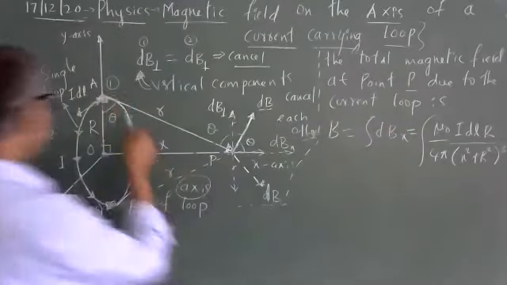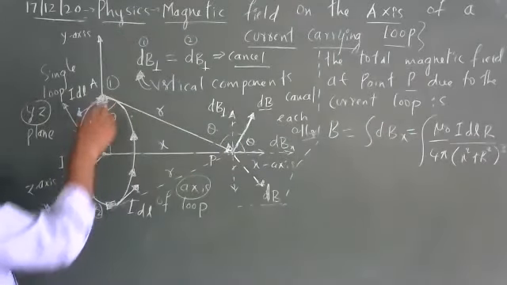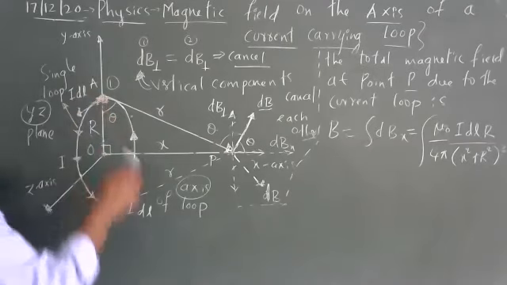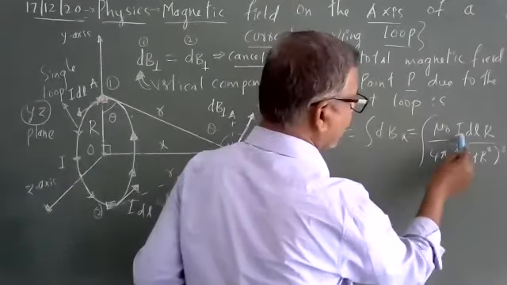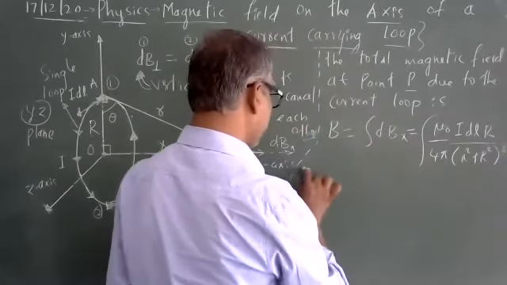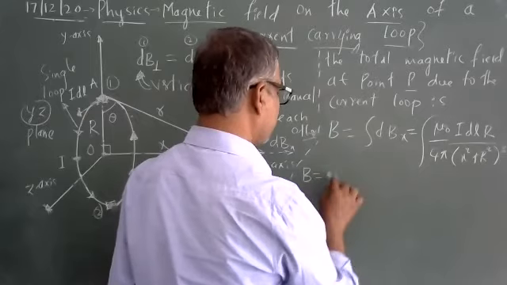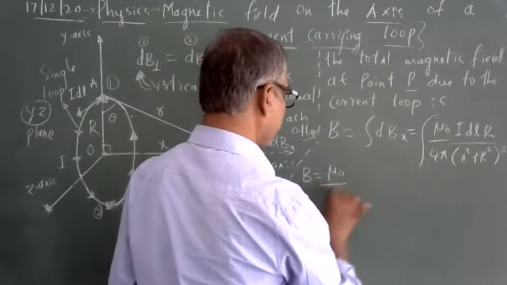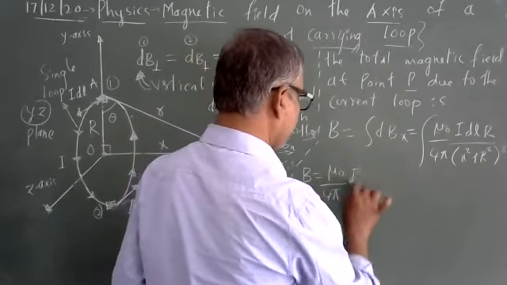Now, since for this whole loop the radius is r, the small element is dl, and mu 0 upon 4 pi, I, r are all out of the integration, we are left with only the integration of dl, which gives mu 0 divided by 4 pi, I, r.